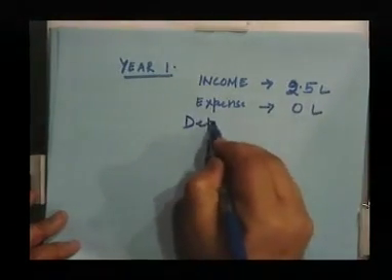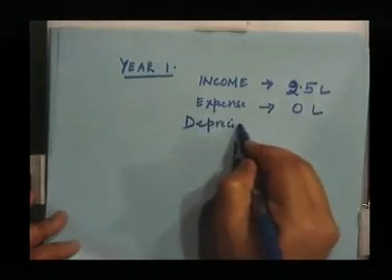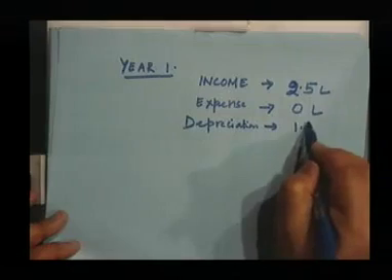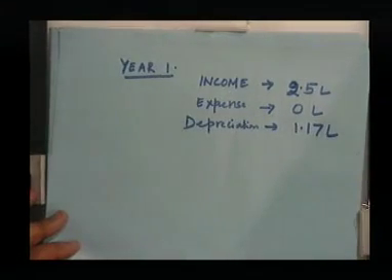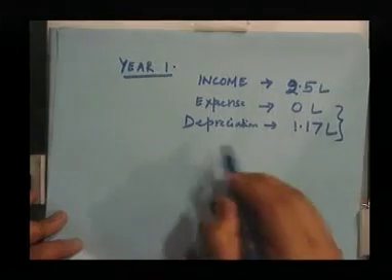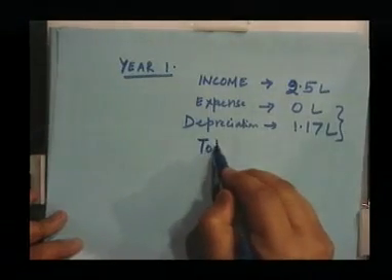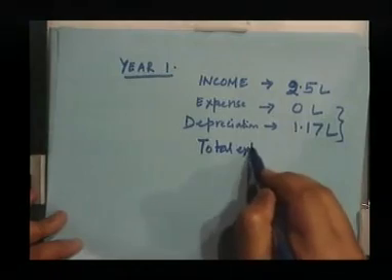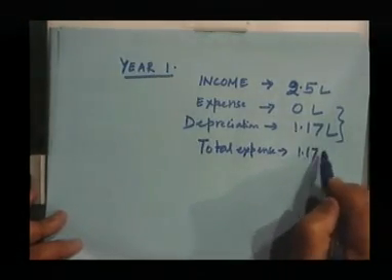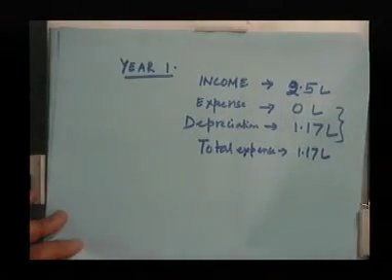Depreciation is calculated to be 1.17 lakhs. Please make this correction. Depreciation for year 1 is 1.17 lakhs. So, total expense is coming to be the same. Total expense is 1.17 lakhs. I am adding 0 and 1.17.